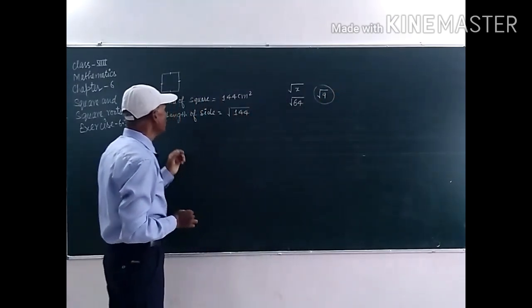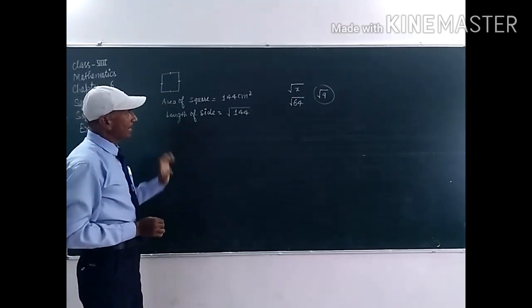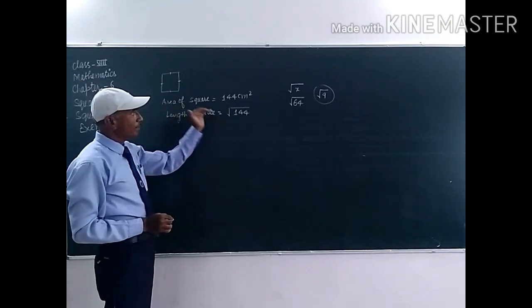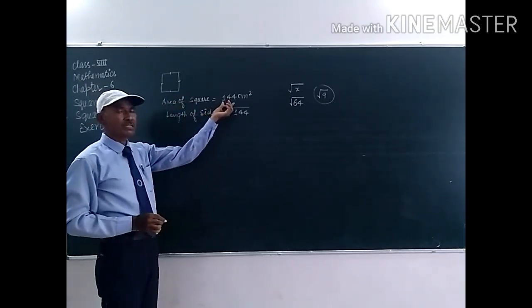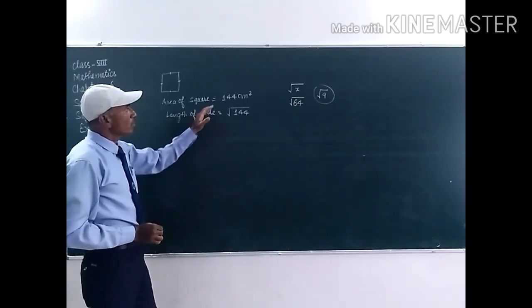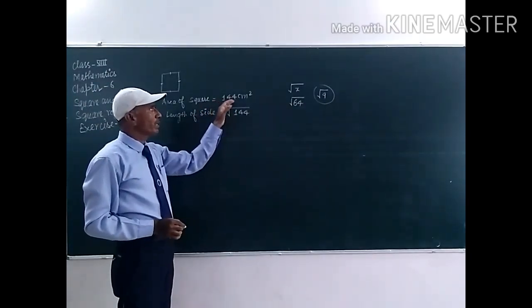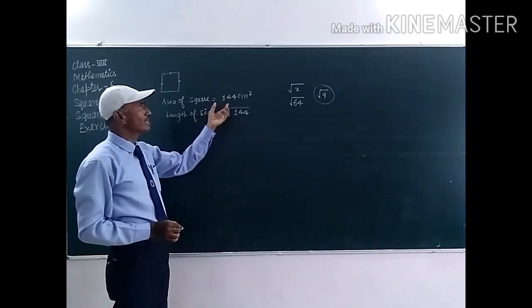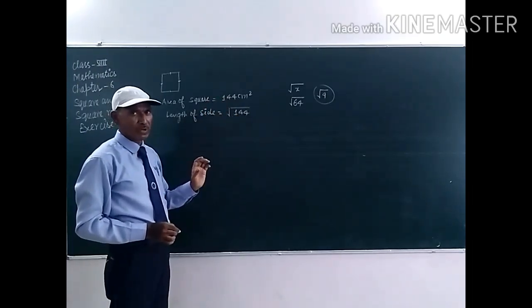To find the length, we have to find the number whose square is 144. Clear, student? The number whose square is 144 is the square root of 144.